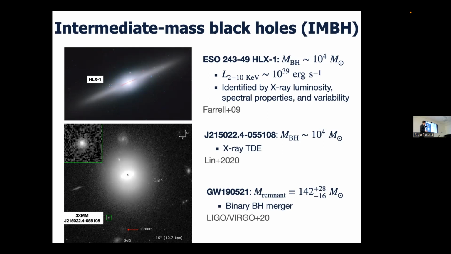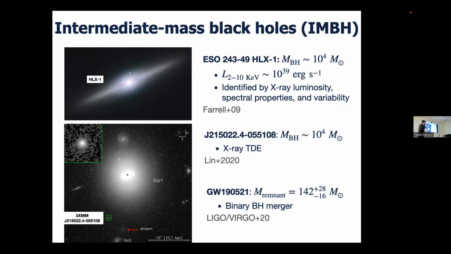So if you saw this source in the center of the galaxy, you might think that's an AGN, maybe a really low Eddington AGN. Might not think twice about it, but what's interesting is this is on the outskirts of the galaxy. So I want to make note of that. And this is one of the most popular intermediate mass black hole candidates out there in the literature.